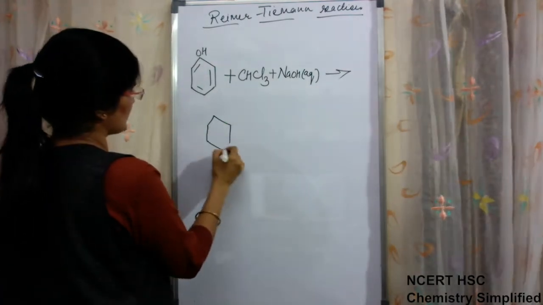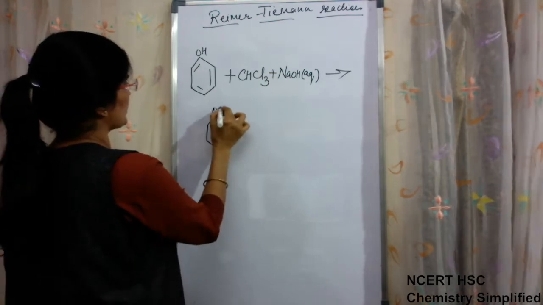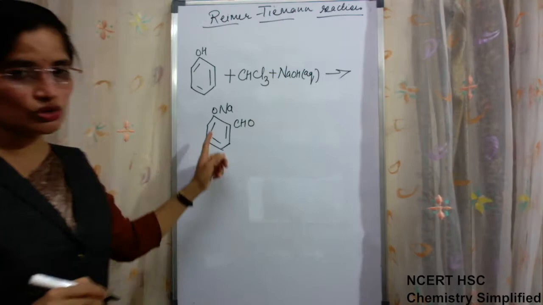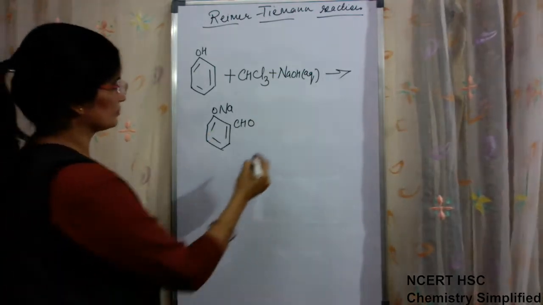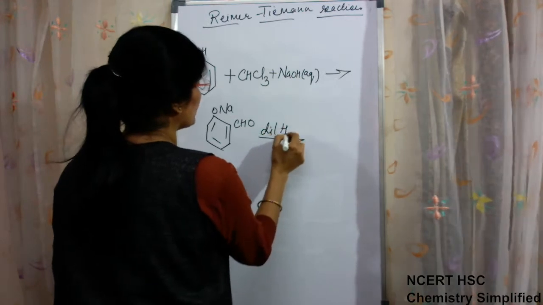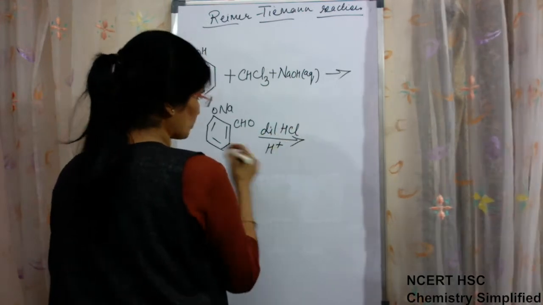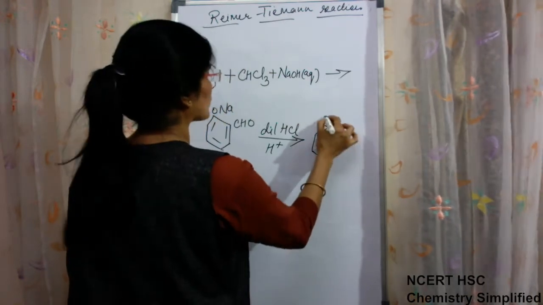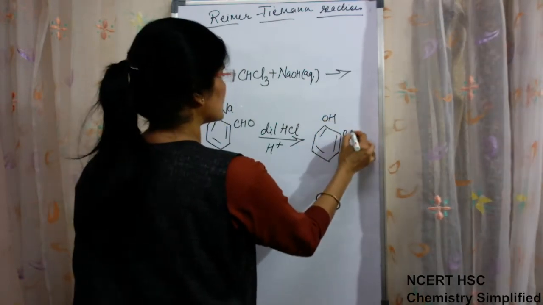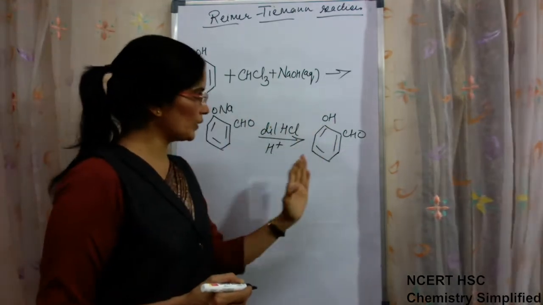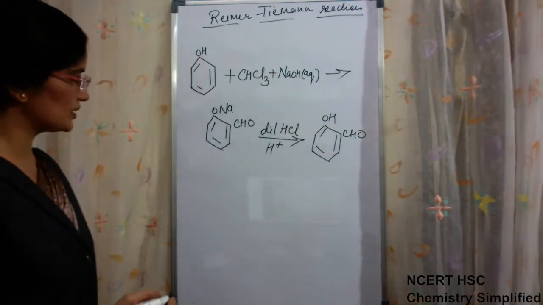in the first step we are going to get ONa, and CHO group is introduced on the ortho position, which on treatment with dilute HCl, to get H positive, gives us OH CHO. This ONa is converted to OH and CHO group is introduced here.